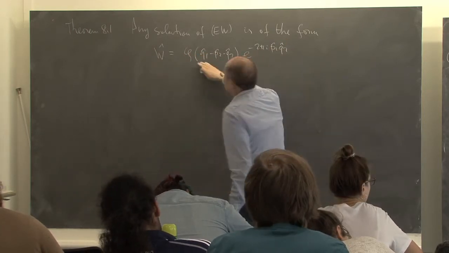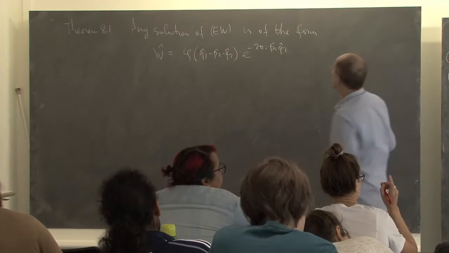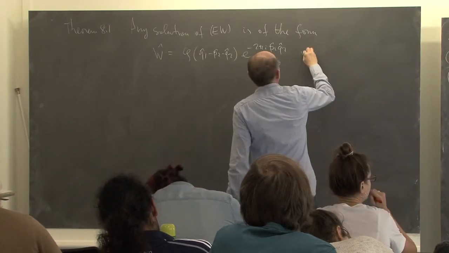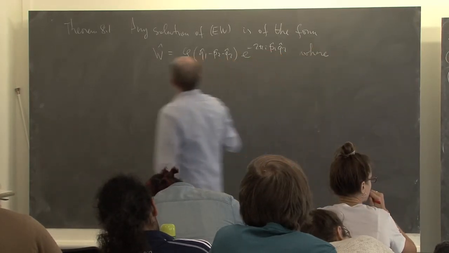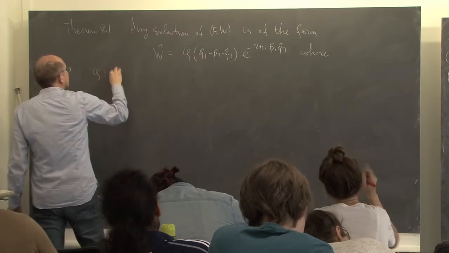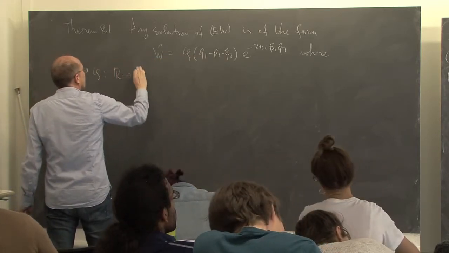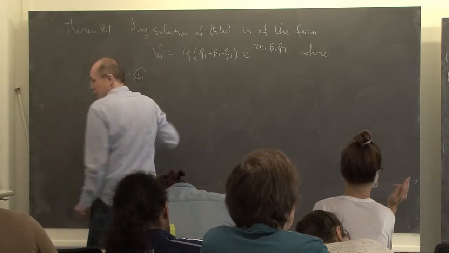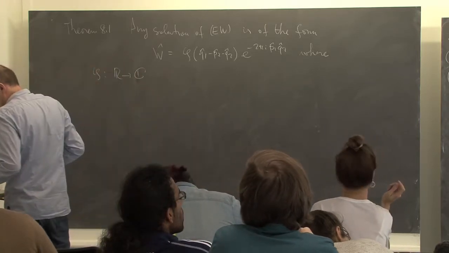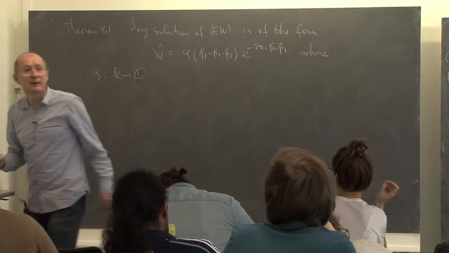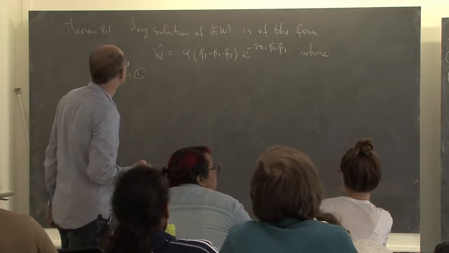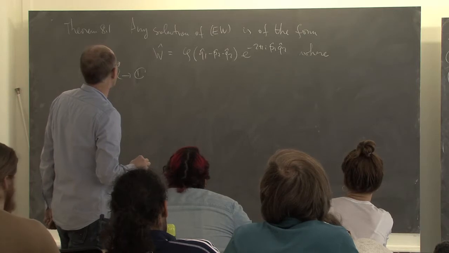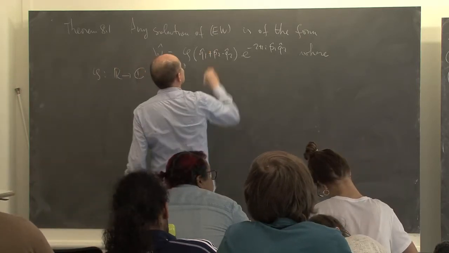But now phi is not an arbitrary function, where phi is a function from R to C. Plus P2. Yeah. Sorry? Plus P2. Yeah. Plus P2, thank you. Yeah, of course.